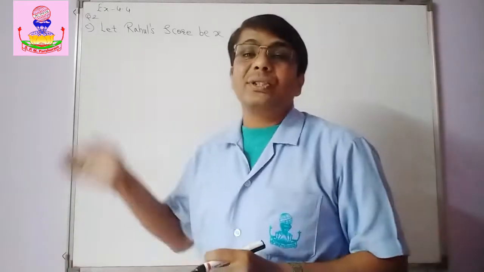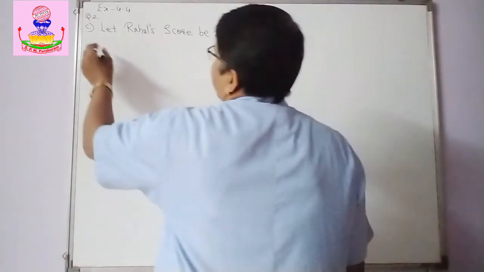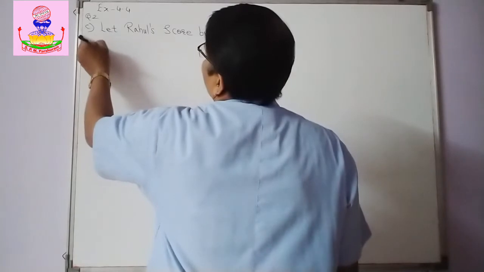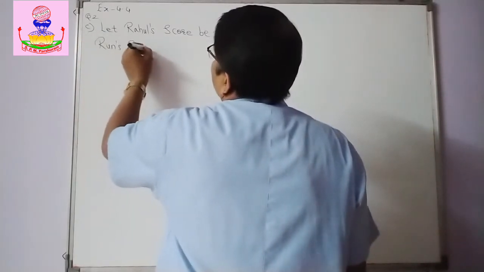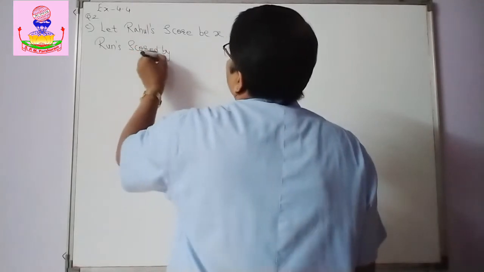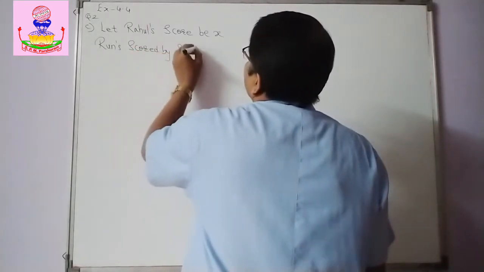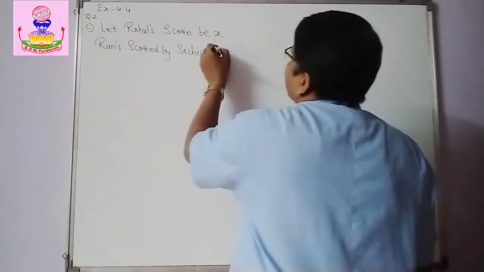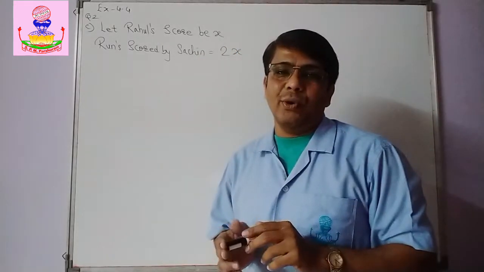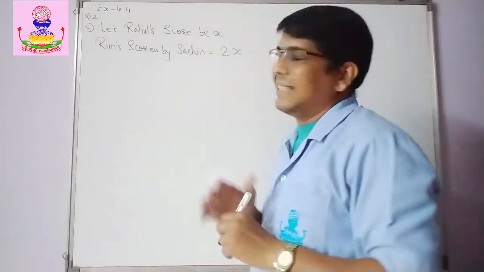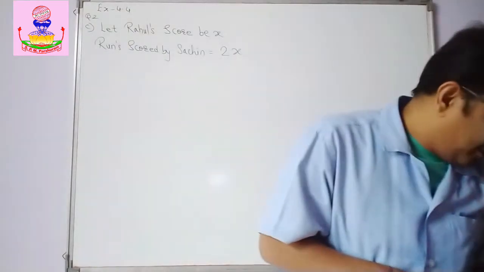So Sachin scored twice as many as Rahul. So runs scored by Sachin, what will it be? Yes, twice as many as Rahul. Okay, so 2x.